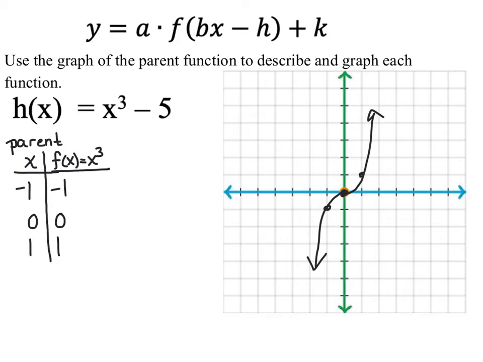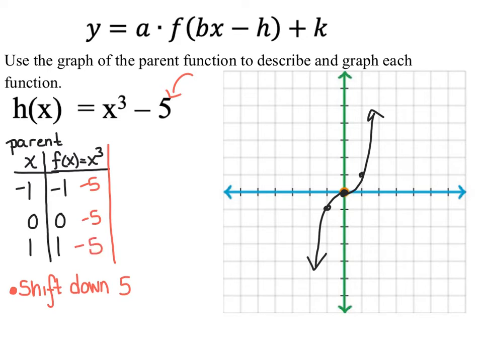But what I now have is a k value that's being subtracted. Right? So what's it doing? It's going to shift my function down 5. So all I need to do is subtract 5 from each of the y values to get my h of x values, which are going to be -6, -5, -4.